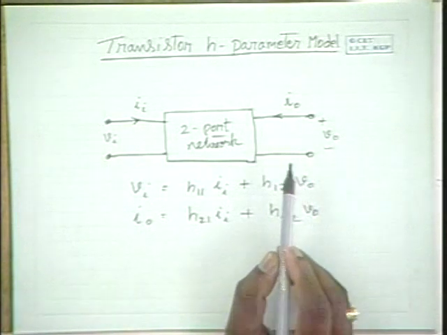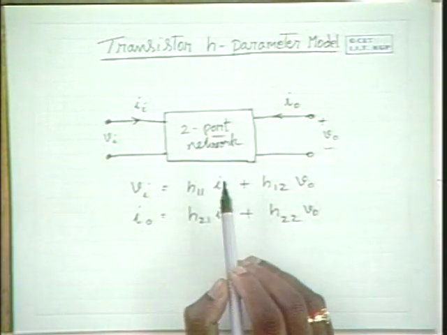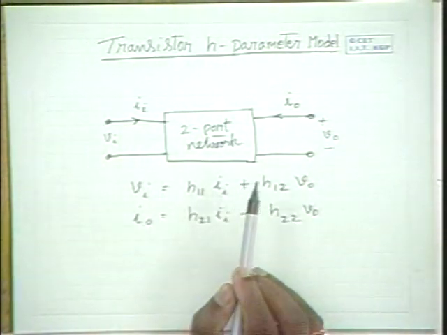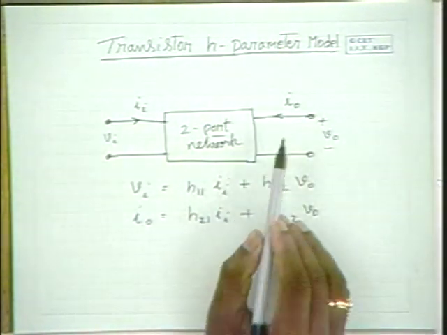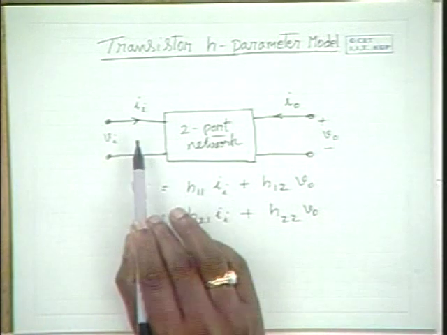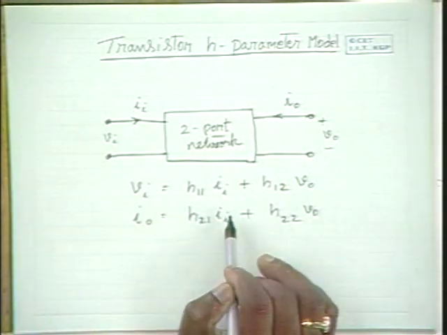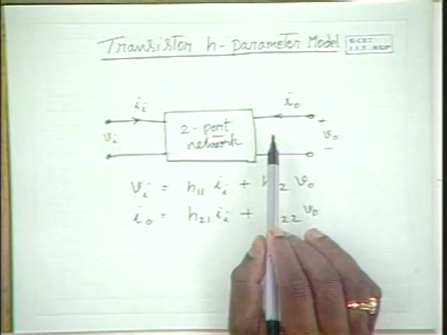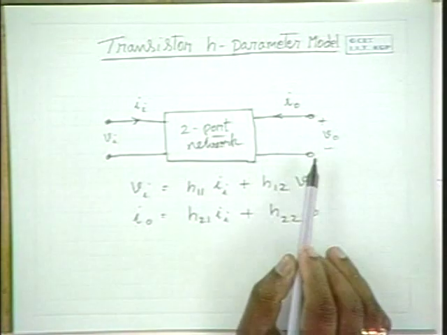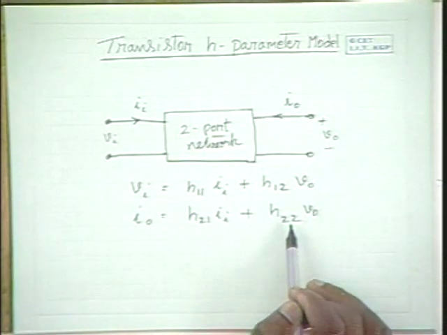Similarly, H21 is a proportionality constant between I0 and Ii. So between the output quantity, port 2 quantity, and port 1 quantity, therefore it is given the symbol H21. Similarly, H22 indicates the relationship between output voltage and output current, therefore it is given as 22.